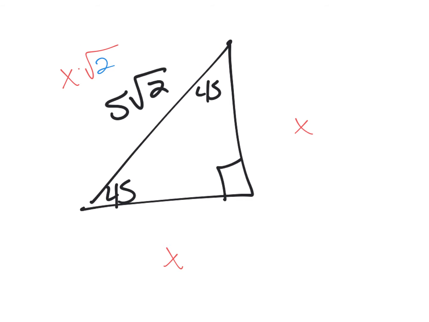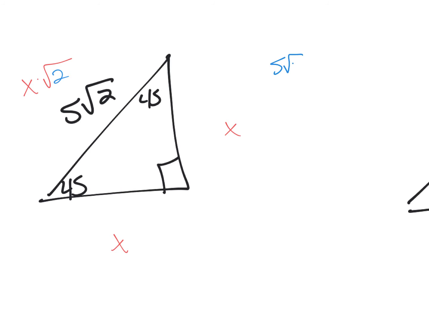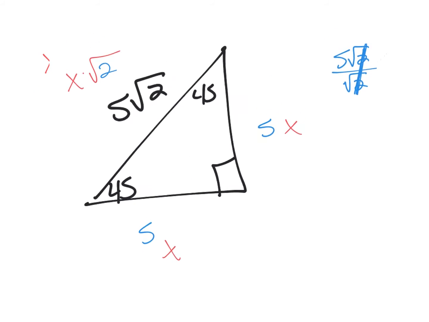So it'd be 5 square root 2 divided by the square root of 2. Those cancel because we're trying to get that square root of 2 off of there. So this would just be 5. Right? That makes sense. If the x is 5, then the hypotenuse would be 5 times square root 2.